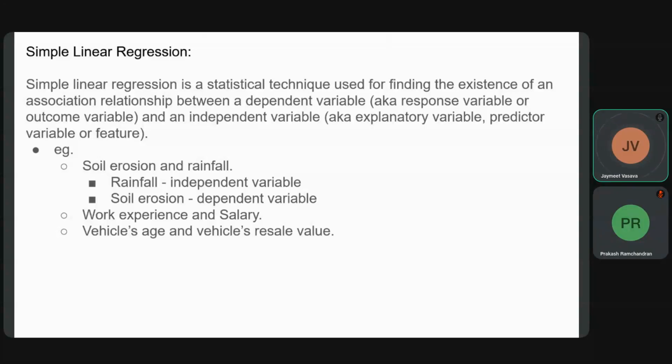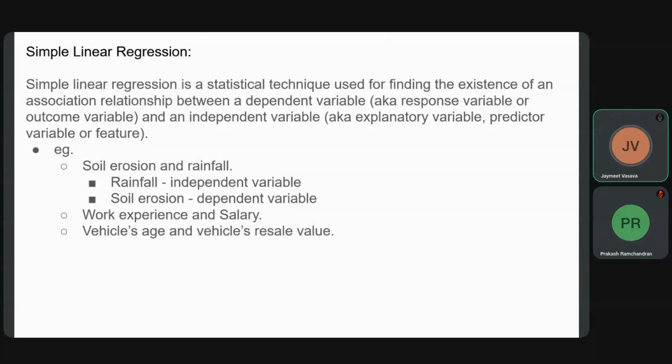For example, we have soil erosion and rainfall. Rainfall becomes our independent variable. As the rainfall varies, our dependent variable, soil erosion, will vary according to the independent variable, in this case rainfall.